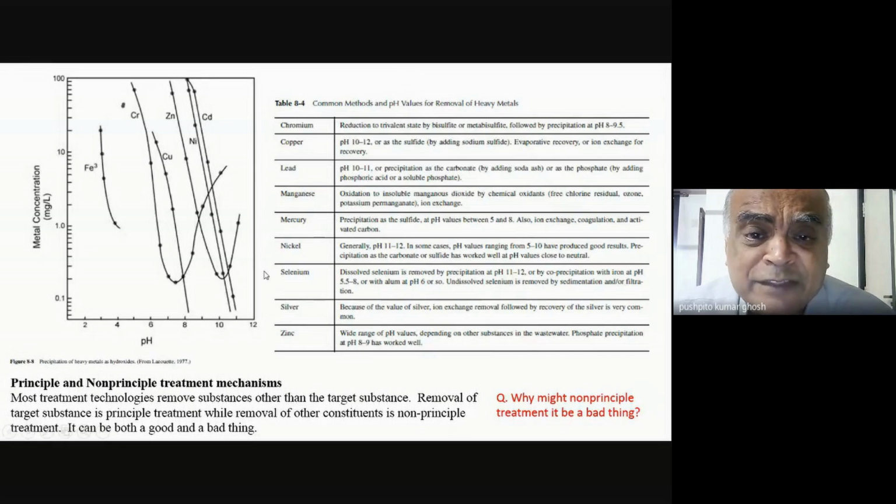So that's there. Also, these kinds of tables are very useful where for different elements, you can see what is the best condition under which you might be able to remove these. Like, for example, mercury. It says precipitation as sulfide at pH values between 5 and 8. Good.